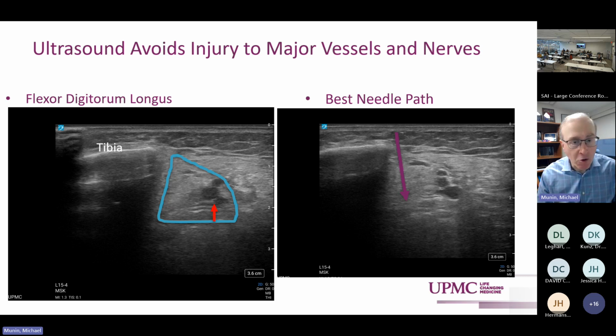The dropout rate with neurotoxin injections in the first year is actually quite high, almost up to 40 to 50% in some studies. I think part of that could be explained by just the discomfort. So if you see structures that can be painful if you inject them, avoiding them really helps to build good compliance with therapy. And I think that sometimes is not talked about as much as it should be.